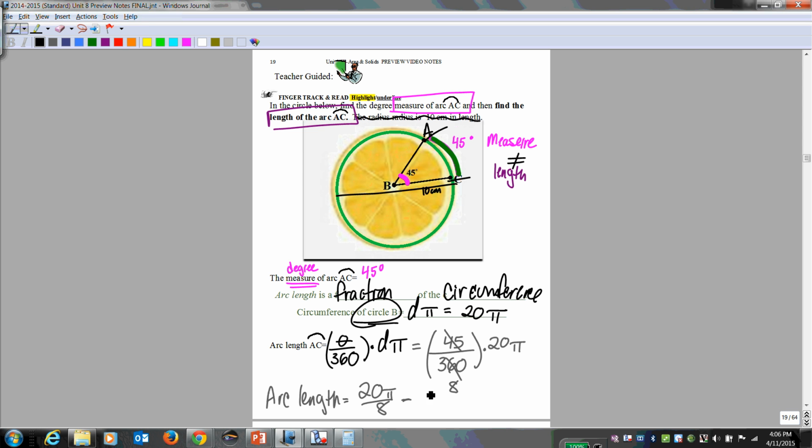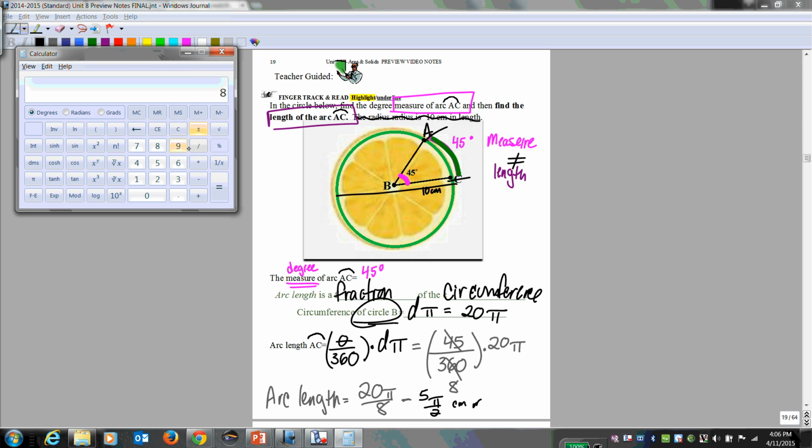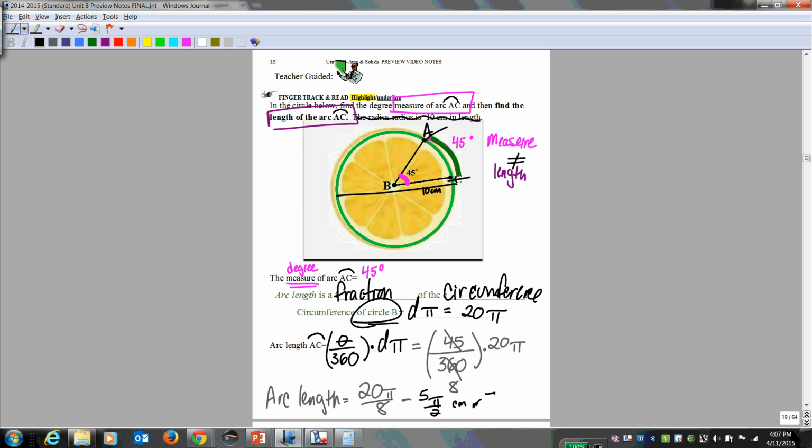It should be 5 pi over 2 centimeters, or I can even go like this: 5 times pi divided by 2, taken to the second decimal place, 7.85. That's arc length. Arc length is a fraction of circumference.